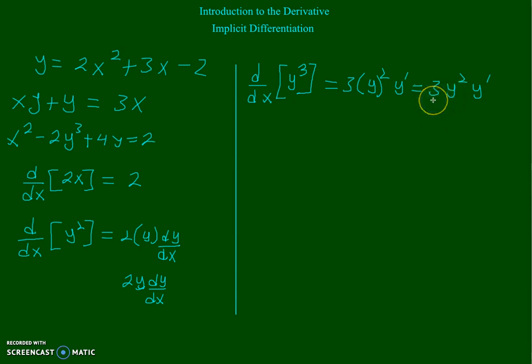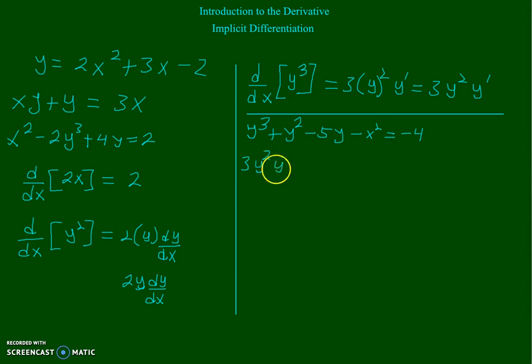Now we'll look at another example, which I'll copy offline so you don't have to see me struggle to write it. So our function is y to the third plus y squared minus 5y minus x squared equals -4. And let's go ahead and differentiate this. So here, general power rule. So this is going to be 3y squared y prime.